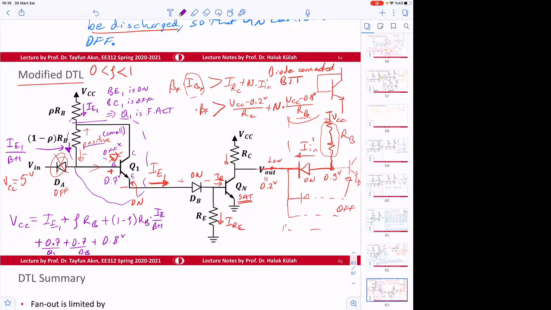So here it can be ignored, and from here we can determine IE1.